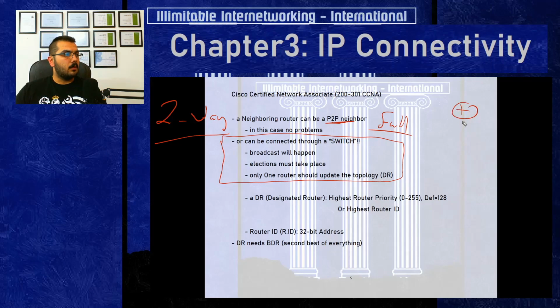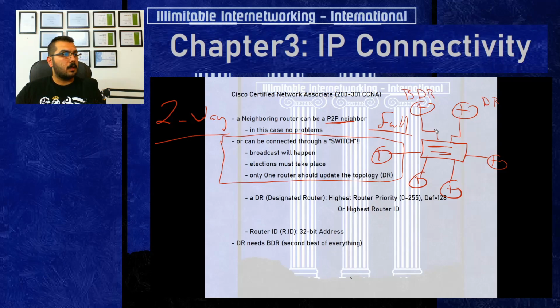Let's take this example, as I have these 2 routers connected to a switch, and it's connected to multiple routers in this way. Having a switch means that I have an election, ended up with choosing this one as the designated router and this other one as the backup designated router. Okay, so the relation and all of them are DR others.